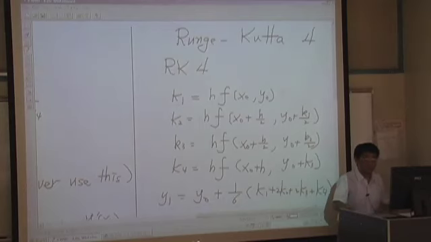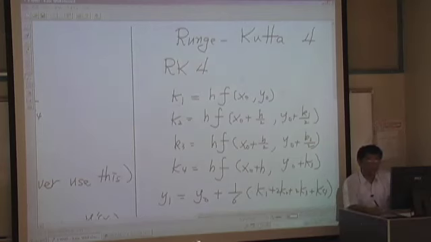So in short, we determine the first slope at x0, and then advance half a position and determine the second slope, then a second slope in a different view, and then we advance to the full step and determine the last slope.